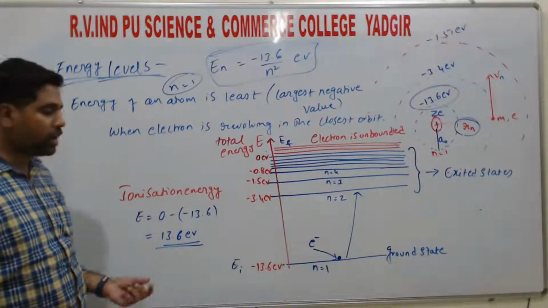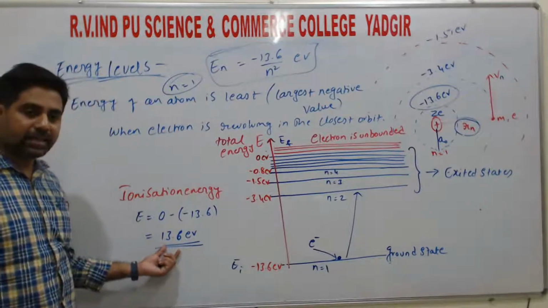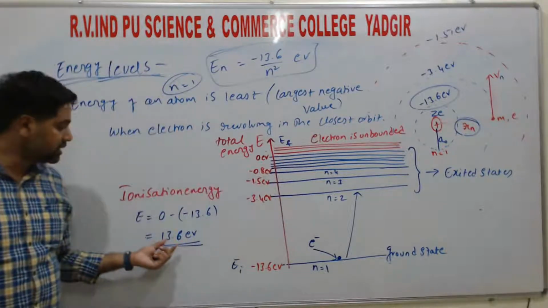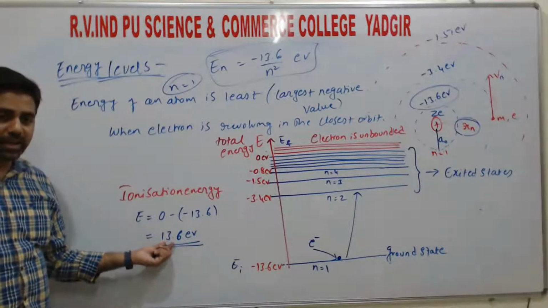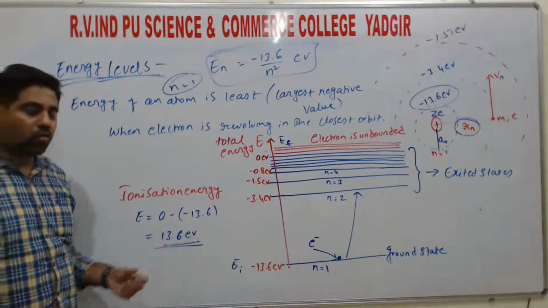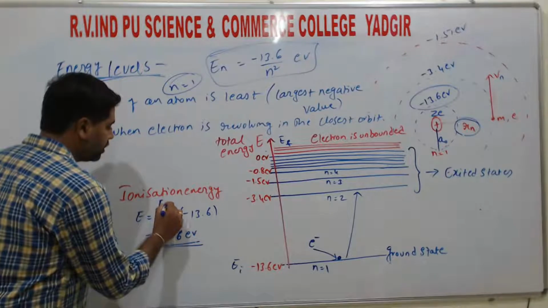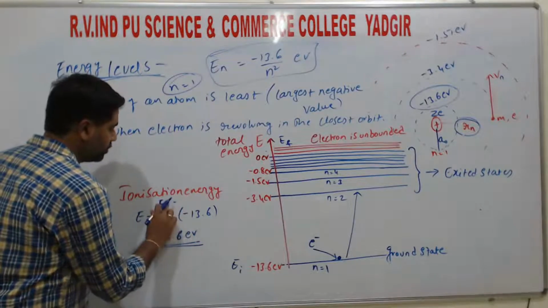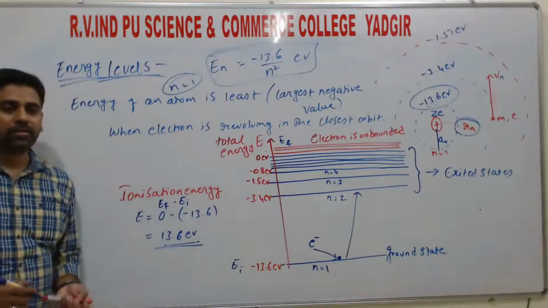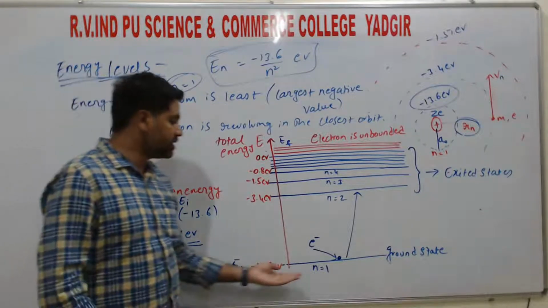Right? So for an atom to get excited from its ground state to its unbound state, it needs energy. How much energy does it require? 13.6 electron volt. That is EF minus EI, right? So this is the initial state.